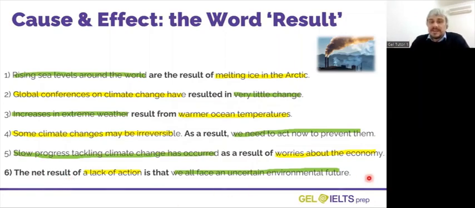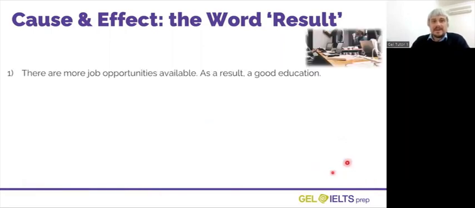Now let's practice using some of these phrases. Look at sentence number 1. There are more job opportunities available. As a result, a good education. Is this sentence correct? Look at the next question below the video and choose the correct option, yes or no. This sentence is not correct.